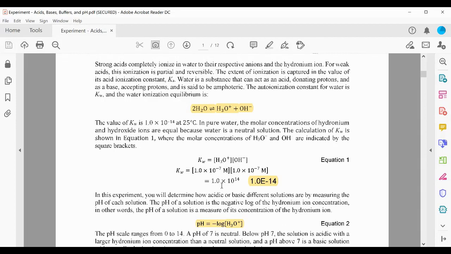So the concentration of hydroxide or hydronium ions is going to be 1.0 times 10 to the minus 7. So the concentration in pure water is 1.0 times 10 raised to the minus 7. And that is pH 7. That is neutral. Any questions so far?